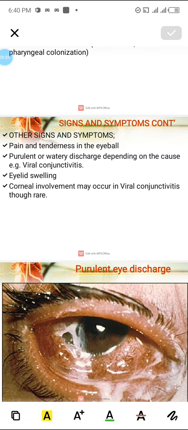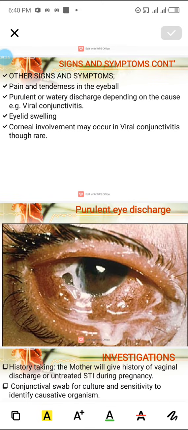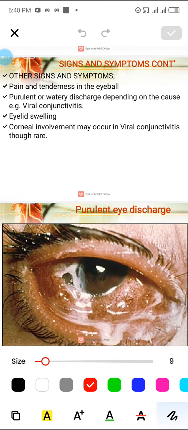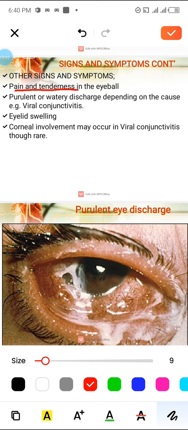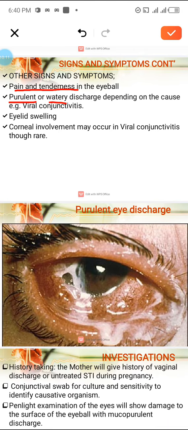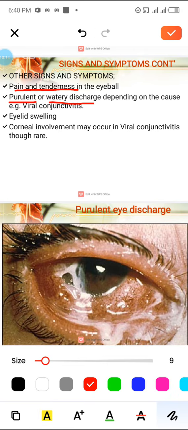Then other signs and symptoms. What are some of the other signs and symptoms? We can have pain and tenderness of the eyeball because we know that there's scarring, there's edema, or there's inflammation in short. That's why pain and tenderness will be there. Then there can be purulent and watery discharge depending on the cause, e.g. viral conjunctivitis.